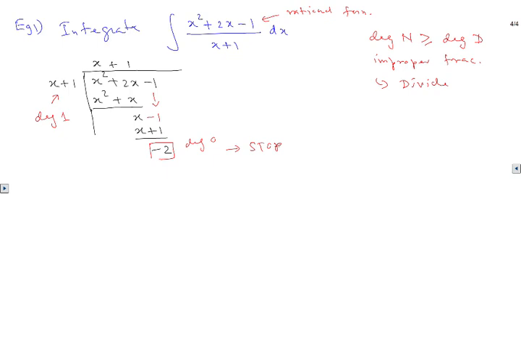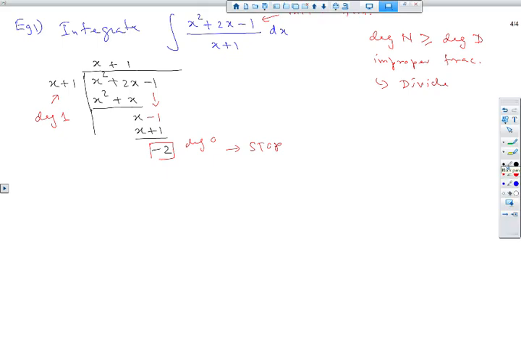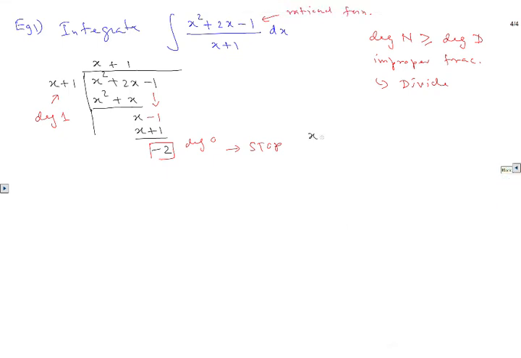Okay, so we have the terms that we need. Now we can write the fraction like this. When you divide x squared plus 2x minus 1 by x plus 1, you get the quotient as x plus 1. That's the quotient, and then you get a remainder of negative 2, so you have to divide that by the divisor.